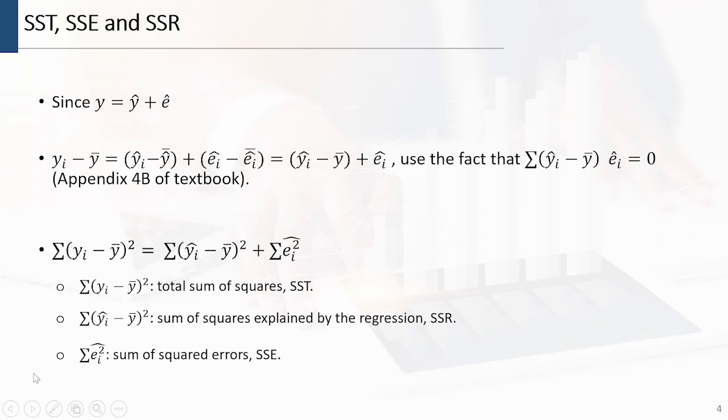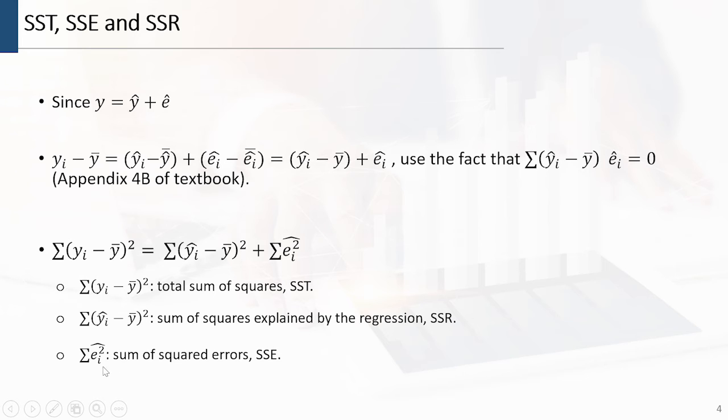And here we call them using different names. We say that the summation of the squared deviation of y from its mean is called the total sum of squares, or SST. And the summation of the squared deviation of y hat from its mean is called the sum of squares explained by the regression. In this textbook, we call it SSR.